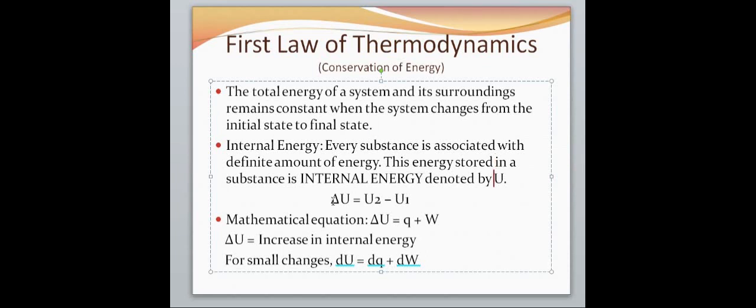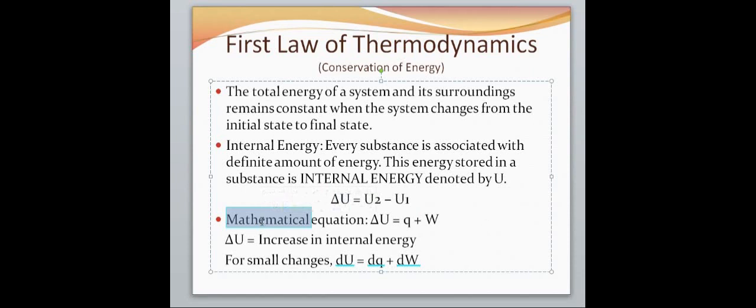It is always in the form of its difference between the final state and initial state. For instance, if I say the initial is 10 and the final is 20, what will be the change in internal energy? Delta U will be 20 minus 10, which is 10. So it is never an individual quantity, it will always be a difference.